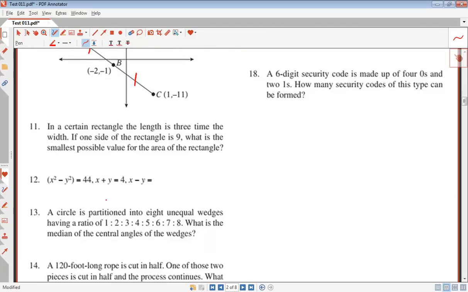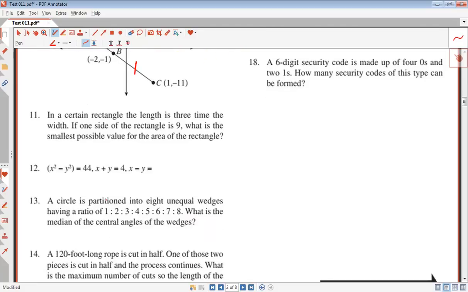Question 11. In a certain rectangle, the length is 3 times the width. If one side of the rectangle is number 9, this means the length is x and the width is y. And now we have x equal to 3 times y. If one side of the rectangle is 9, we don't know if it is x or y.